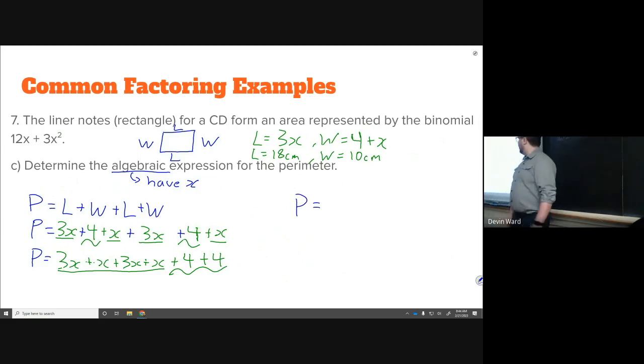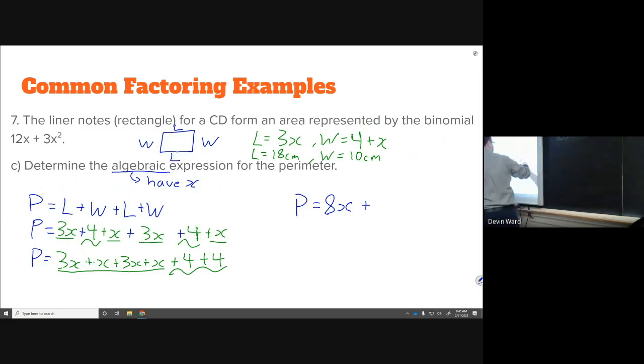So, what is 3x plus another x plus 3x plus another x? How many x's do I have altogether there, Robbie? So we have 3 plus 1 plus 3 plus 1. 8. Perfect. 8x. So we'll have 8x, and then 4 plus 4 is another 8.